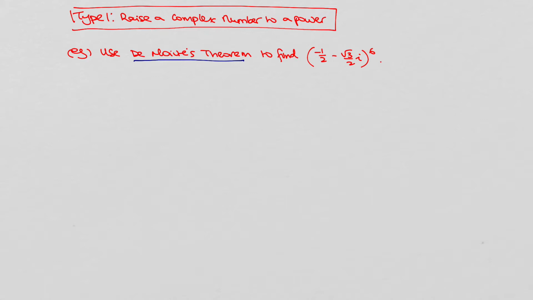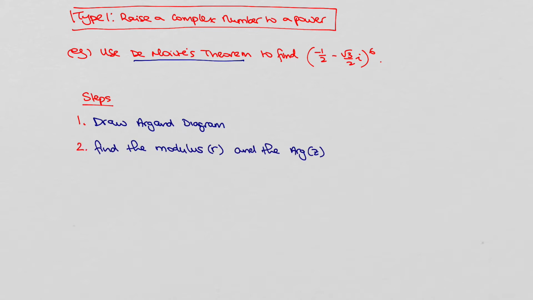So we're going to have a few steps here, and let's look at the first one. Our first step is that we're going to draw the Argand diagram. This gives us a sense of what quadrant the complex number lies in, and that's really important for helping identify the angle correctly.